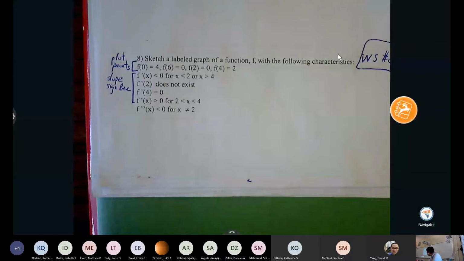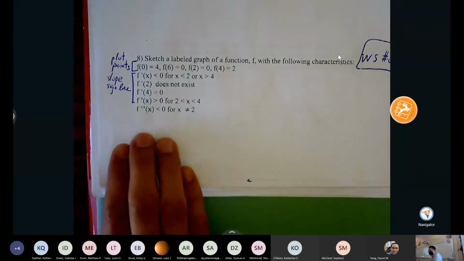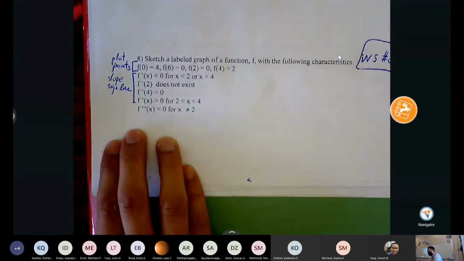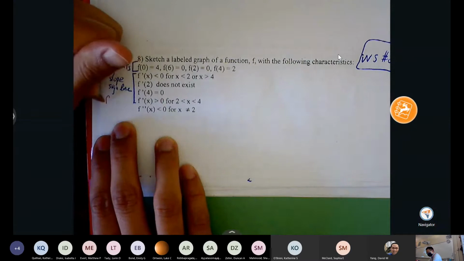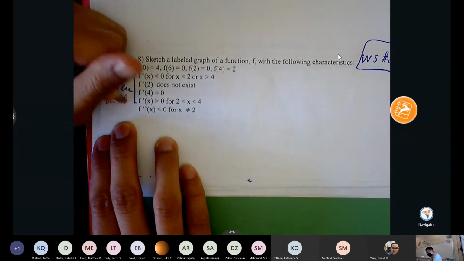Now, after we create our slope sign line, I think the easiest way to go about this is we're going to sketch our first draft.